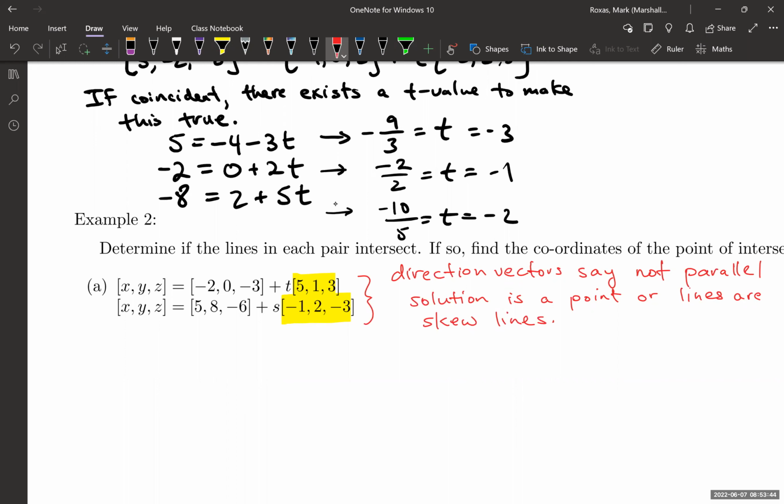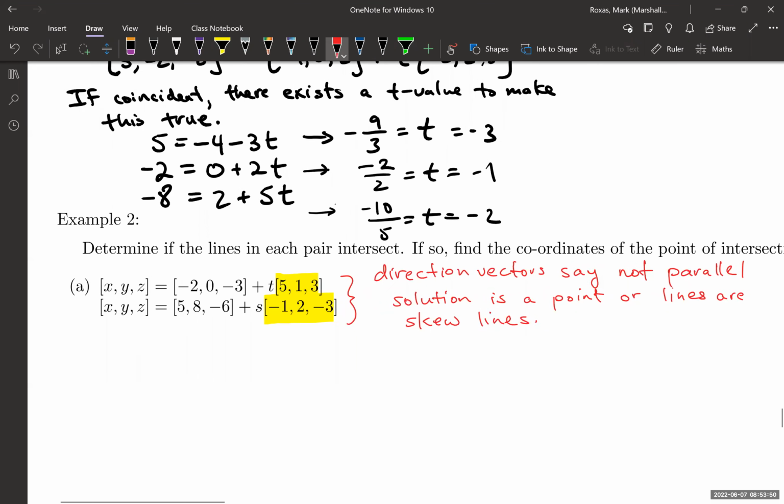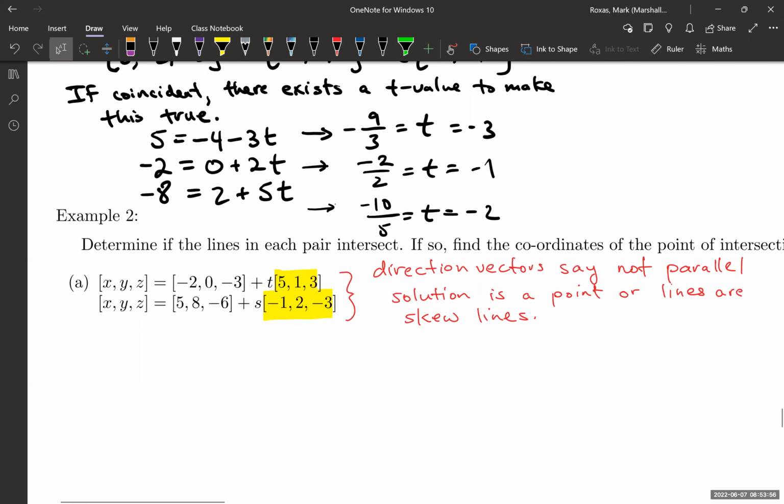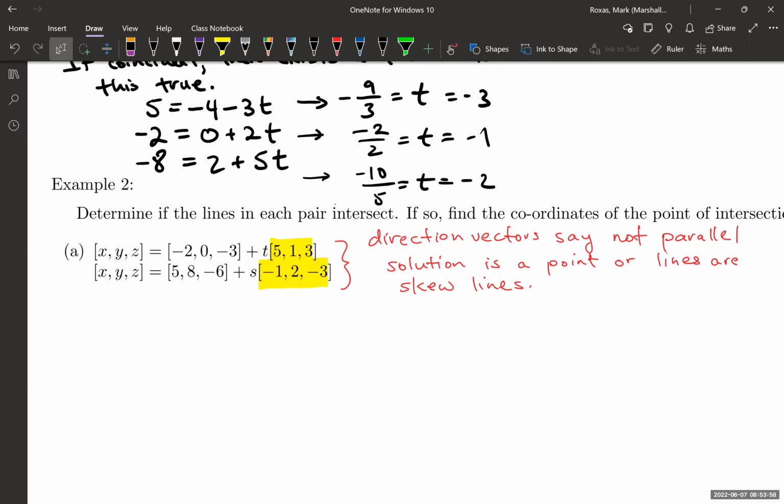So what we're going to do is solve these two equations for a point solution. And if we don't get a point solution, then our conclusion is that it is a skew line. No solution exists when you have a skew line.